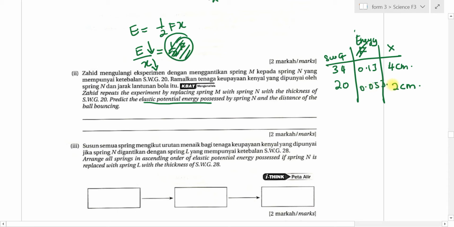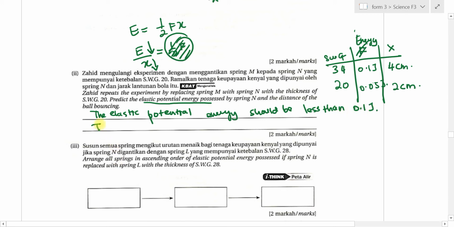So what we can explain here is the elastic potential energy should be less than 0.1 joule.